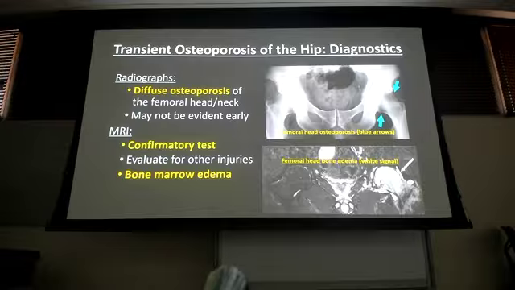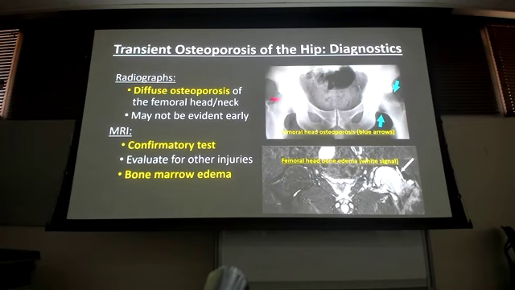Yes. Okay. So what you're going to see is, again, that's why I introduced that term, diffuse osteoporosis of the femoral head neck, right? So it doesn't look like you have findings that are consistent with osteonecrosis. It just looks like you have decreased bone mineral density. That's the difference, okay? That's what you're looking for. And again, it may not be evident early on.